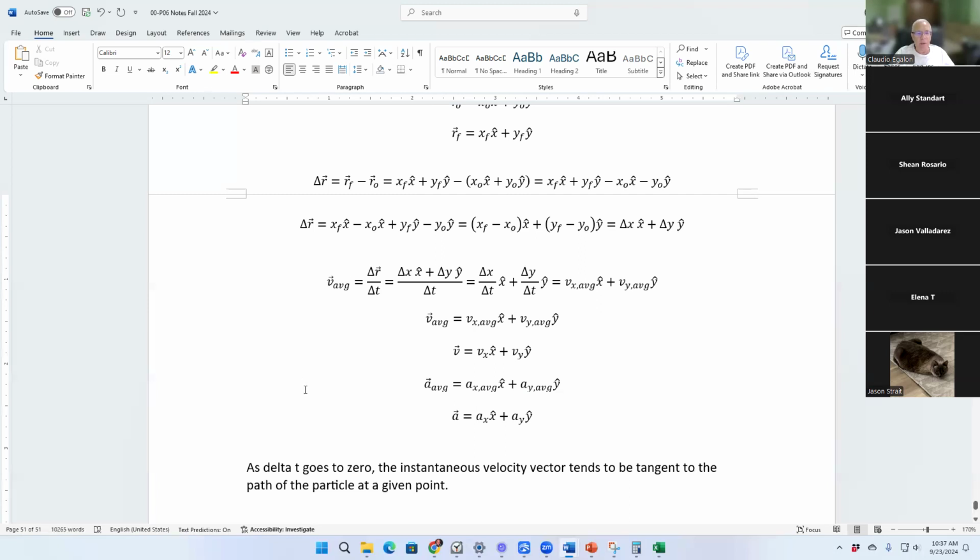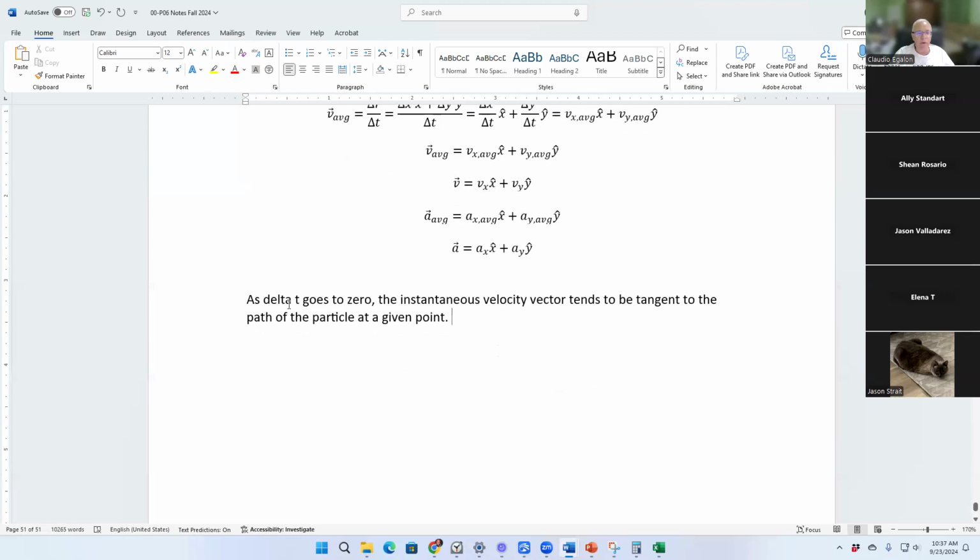That's what you have to remember. If delta t goes to zero, the instantaneous velocity vector tends to become tangent to the path of the particle at a given point along the path.